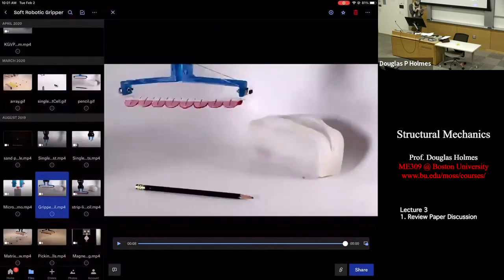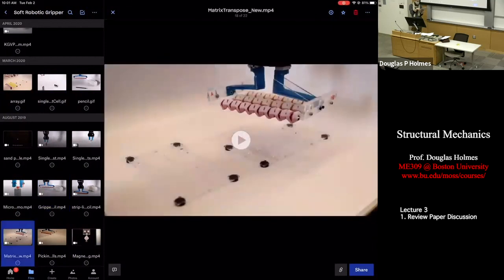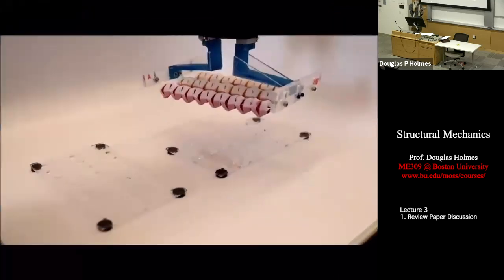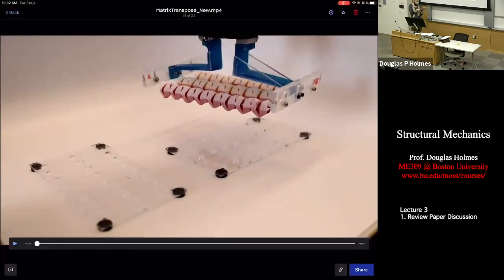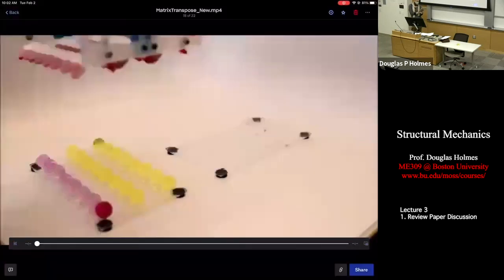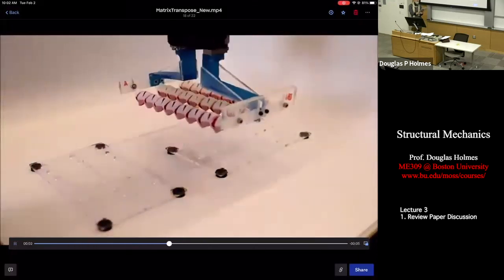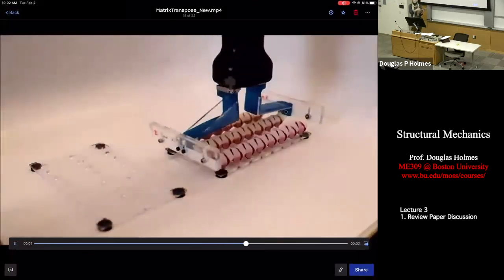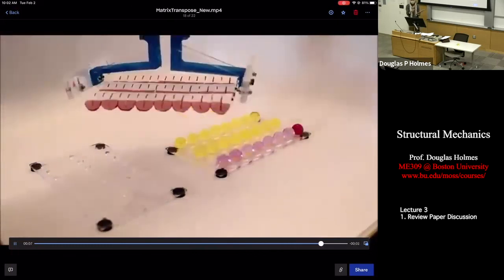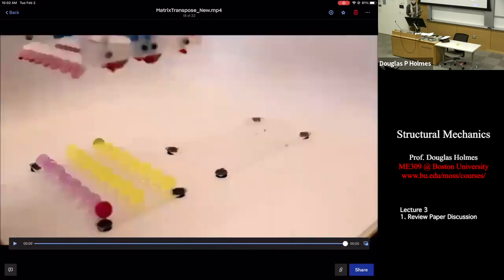Or you can put these objects in series and parallel. And you can pick up and rotate these. These are like incredibly slippery, like little hydrogel beads.